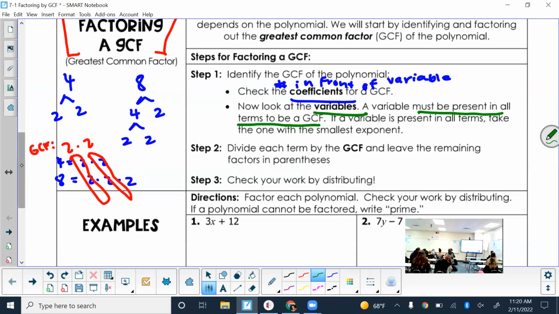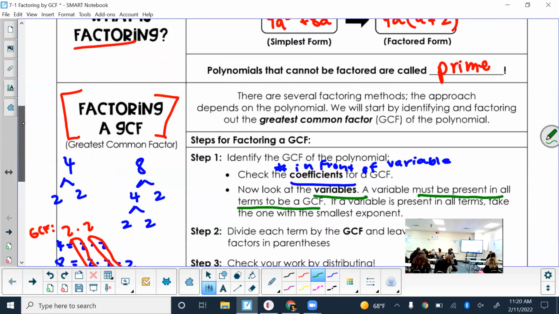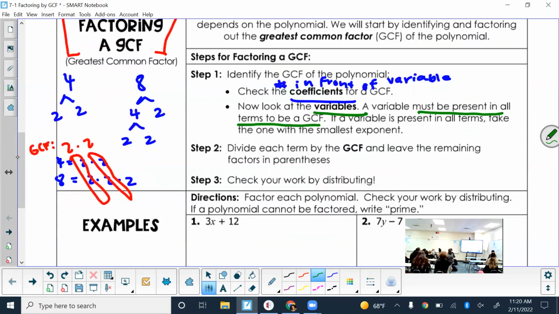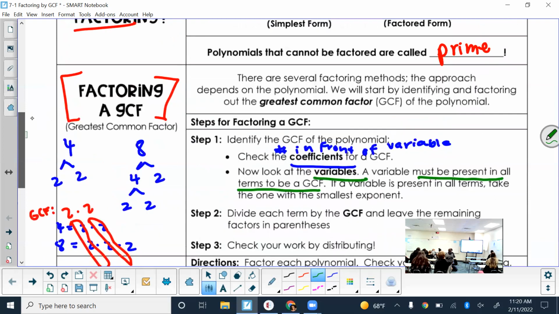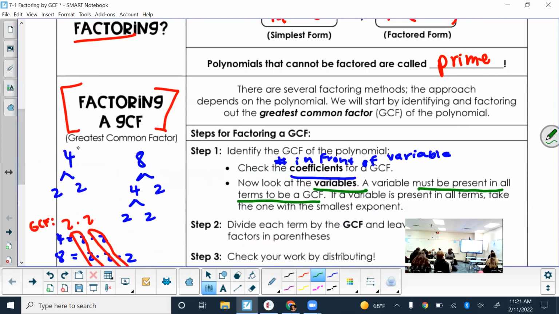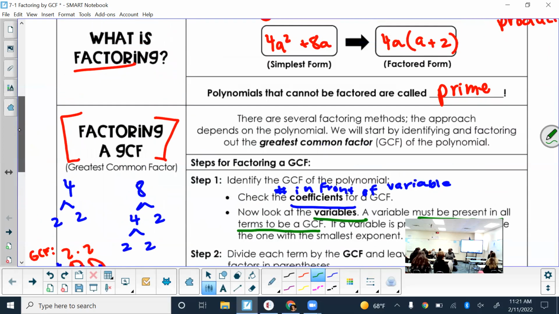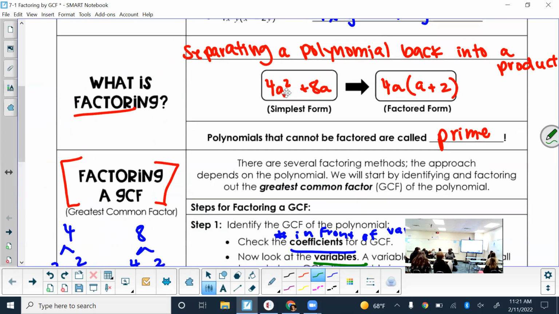If you look at our example for simplest form, is there an A in both terms? So that's why A is part of our GCF. Is there an A squared in both terms?